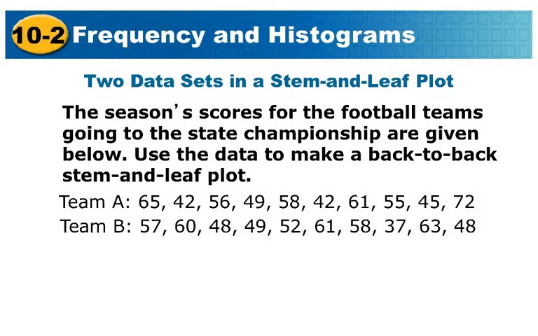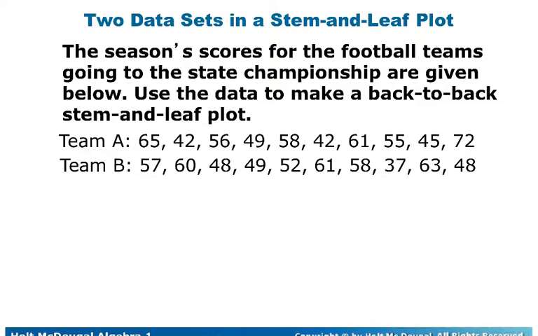Now, two data sets in a stem and leaf plot. This is an interesting one. Basically, you're going to have a center trunk, and then one data set is going to go off in this direction, and another set is going to go off in that direction.